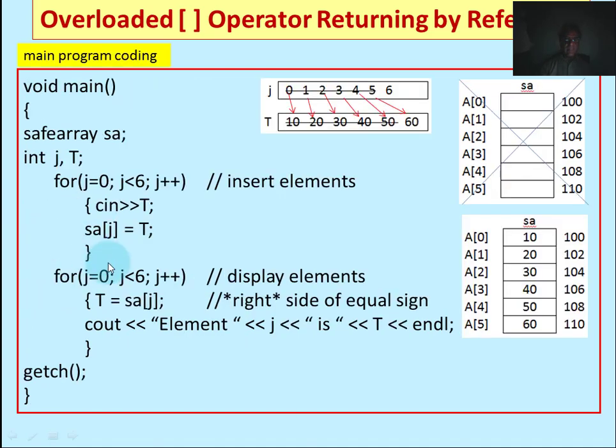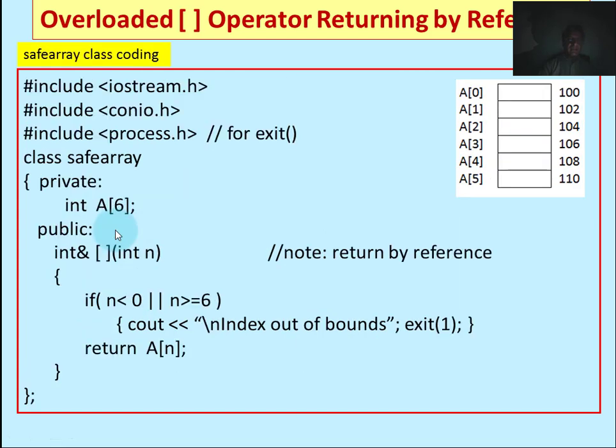Here you may see the main program. j is equal to 0. This index is generated, and the user inputs the value of t, that is 10, and we are going to store 10 at location 0. But this subscript operator in the class will check whether the 0 passed to n is less than 0 or greater than 6.